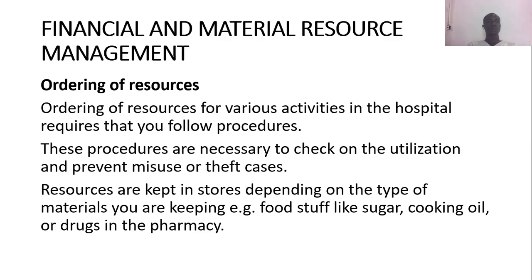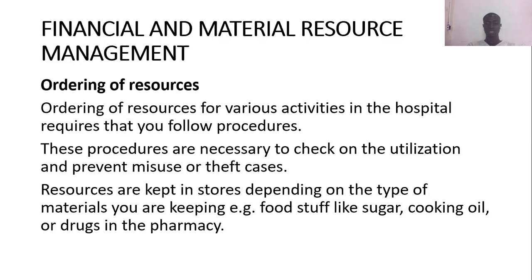There's a book where you write the things you need to use per week. You take that book to the pharmacy. Then they're going to give you things to use in your department for a week. So there's a procedure on ordering of resources.